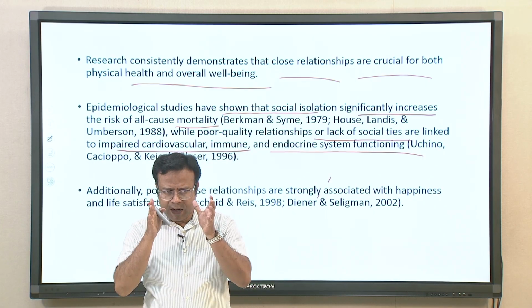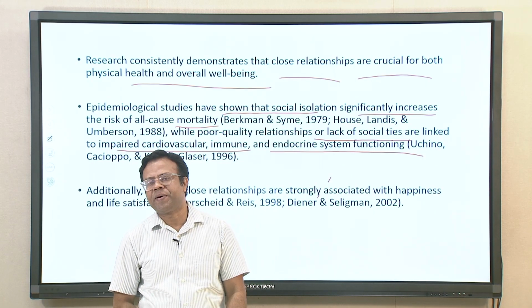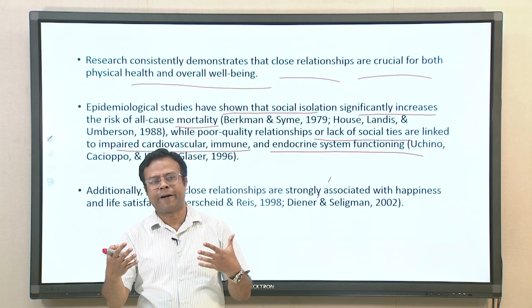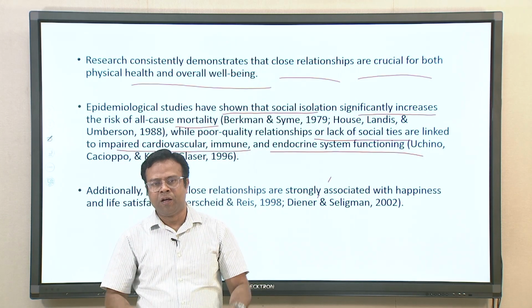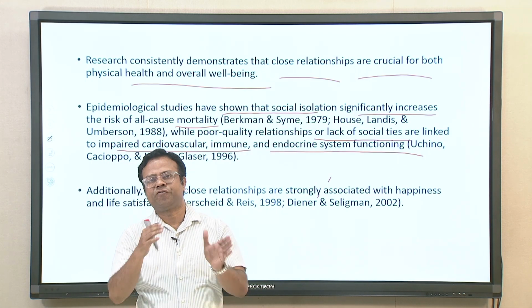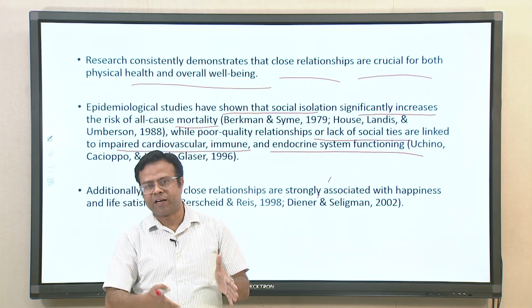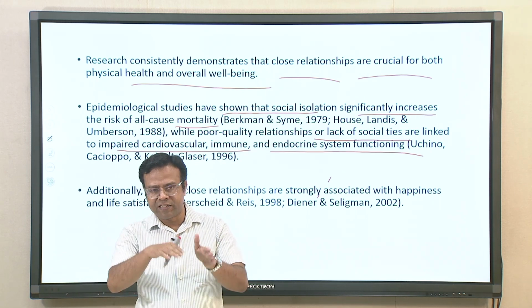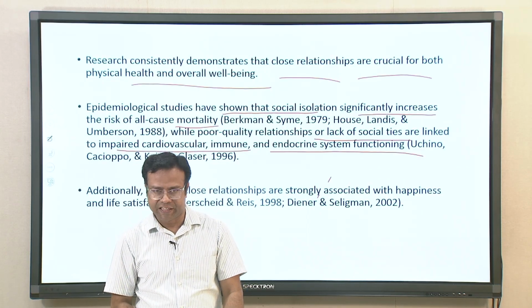There is very clear-cut empirical evidence which shows that social isolation and lack of positive relationships could lead to various kinds of detrimental impact on physical health and mental health, and even mortality. It increases the probability of early death and so on.